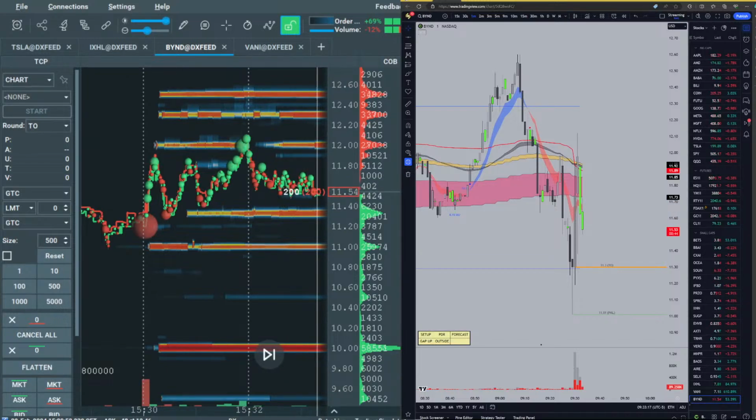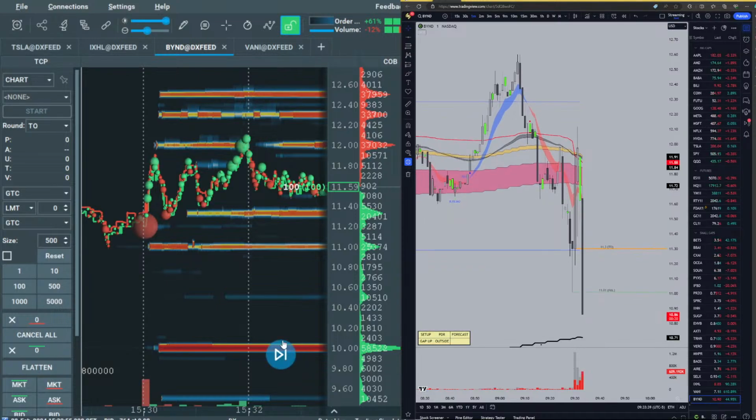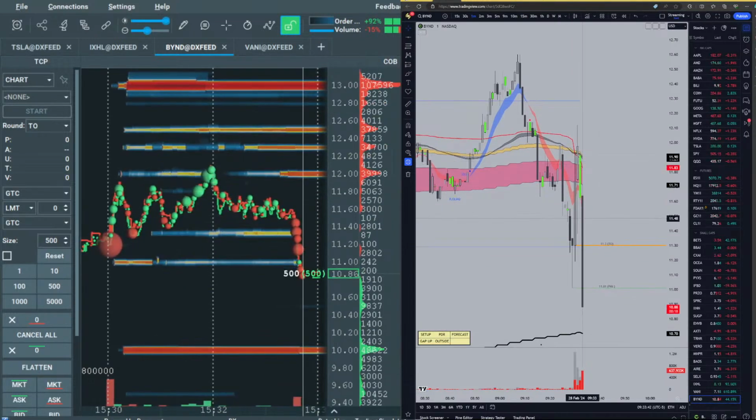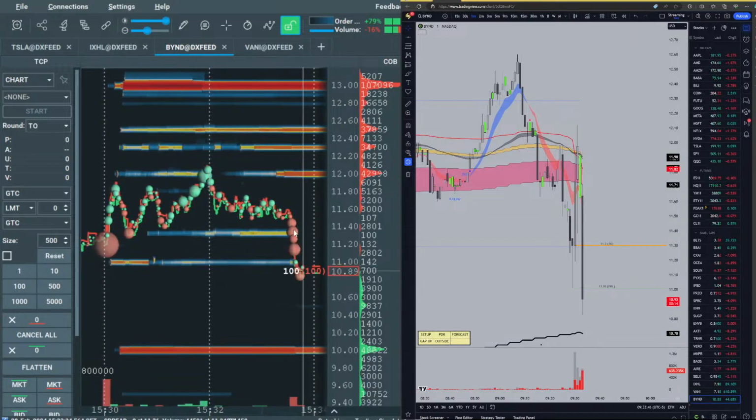Watching also ES and NQ, SPY and the QQQ. Nvidia is giving a little bit of weakness. Buying is still weak. Nothing to trade over here for now. BYND just gave a J-line rejection for a move over here, 1140 to 1080. You can see over here also the drop, right?